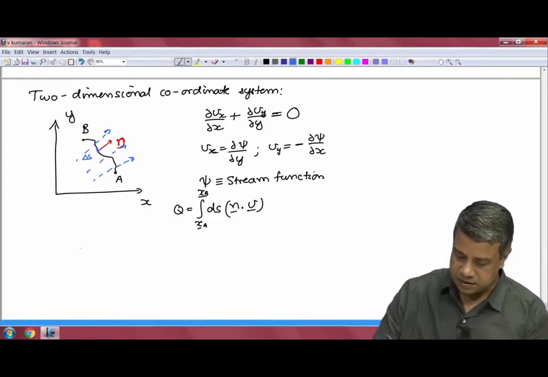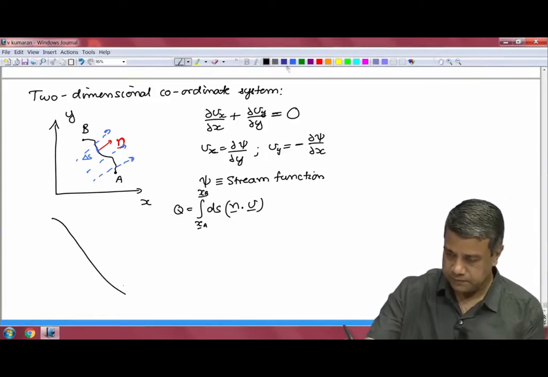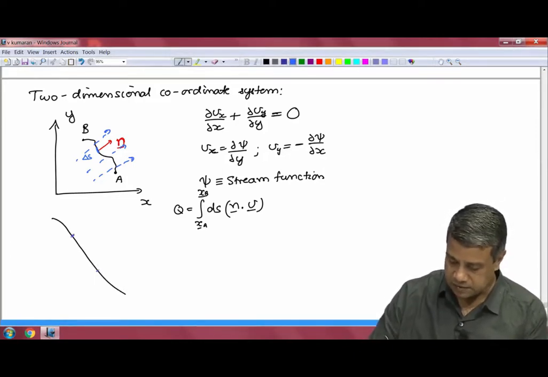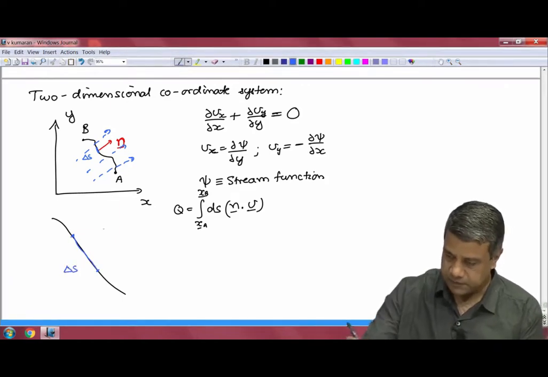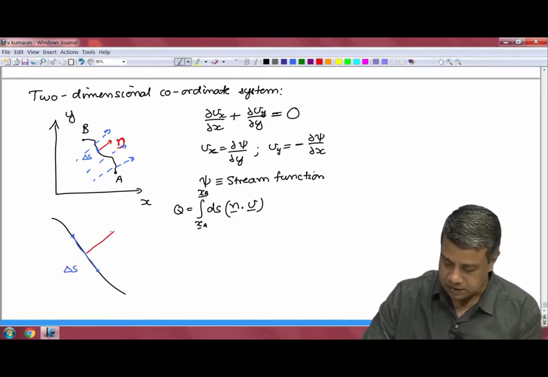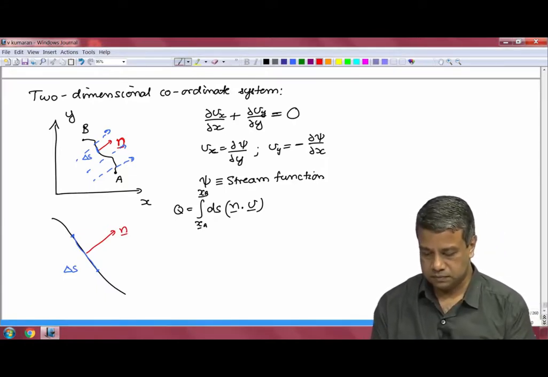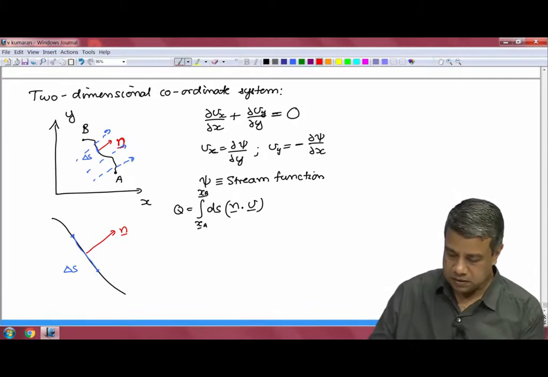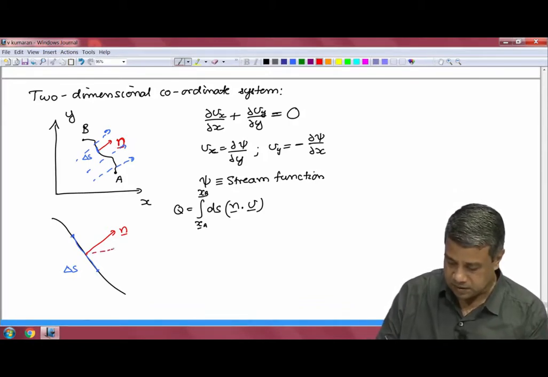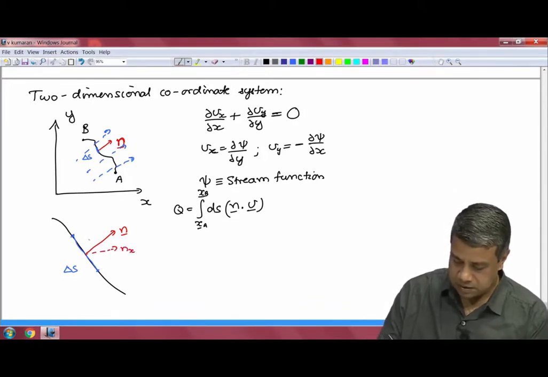So, let me expand this out. This is the contour, this is the differential displacement delta s, and this is the unit normal n. In this coordinate system, the unit normal has components n x and n y.